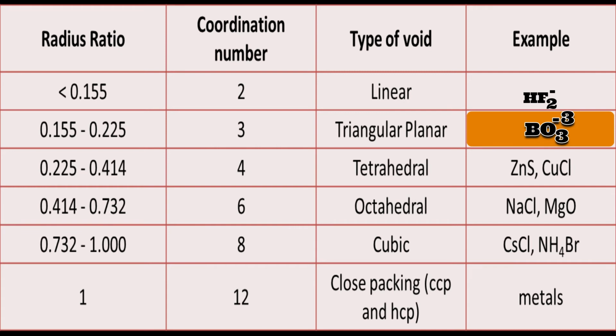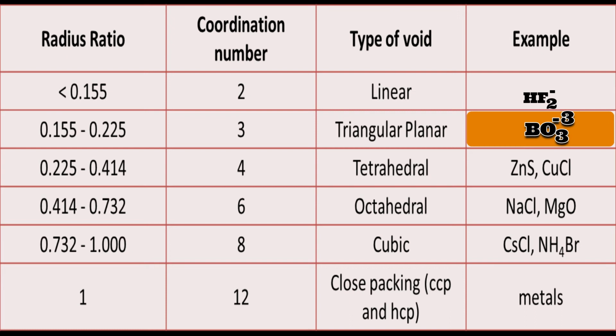Second line, see, if the radius ratio is between 0.155 to 0.225, the coordination number will be 3. So 3 other kinds of ions can surround a particular ion, and the nature of that void, the site of that void, will be triangular planar.